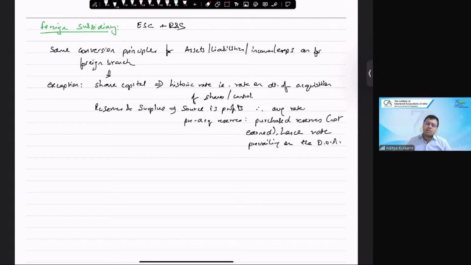Do you agree to this? Yes, sir. Now you tell me, will the foreign currency translation reserve be a post-acquisition reserve or a pre-acquisition reserve? Post-acquisition reserve. Why not pre?